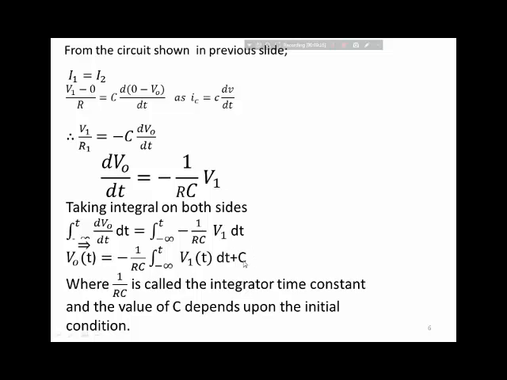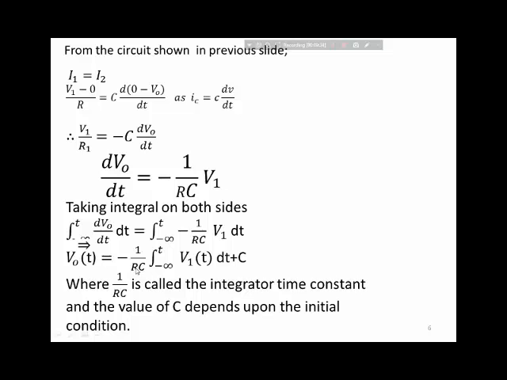If the initial condition is 0, then this value would be 0, and your output would be equal to some constant minus 1 over RC times the integral of V1(t), which is the applied input signal.